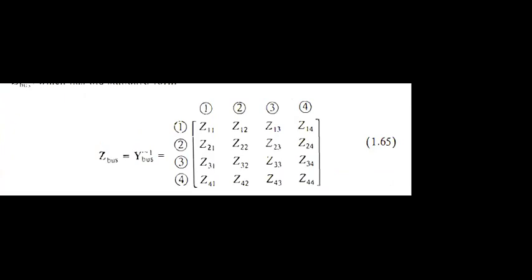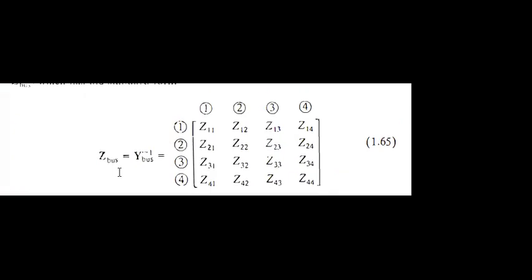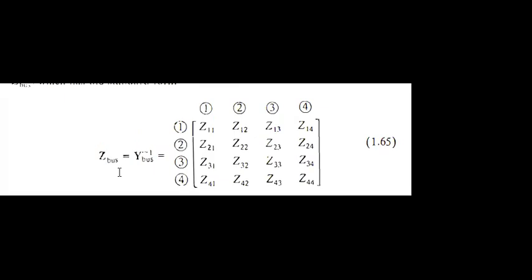Z bus will be the inverse of Y bus. So from that Y bus matrix, when we make the inverse calculation of the matrix, it will give us Z bus. This methodology to determine the matrices, Y bus or Z bus, is known as the inspection method.